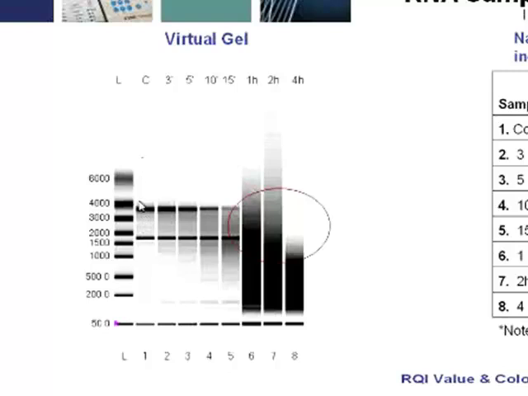So this is what would be a good-looking sample, where you have the 28S and 18S ribosomal RNA in a total RNA sample appearing quite prominently, where the 28S band is more intense than the 18S band. And that's a very good sample. And as samples degrade, the 28S band eventually disappears and you get a smear on your gel as a degraded sample.